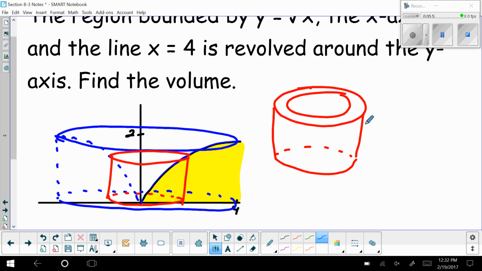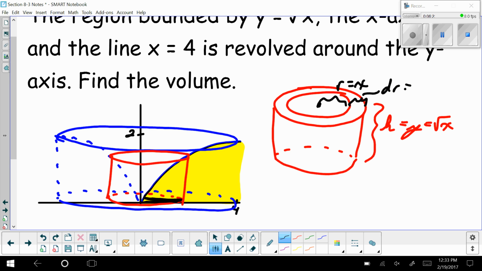Here, my height is going from the x-axis up to the curve. So my height is y, which I know is the square root of x. My radius to the inside is going from the y-axis until I come over to hit the curve. Well, that is how we measure x. And I already know that dr is going to equal dx.